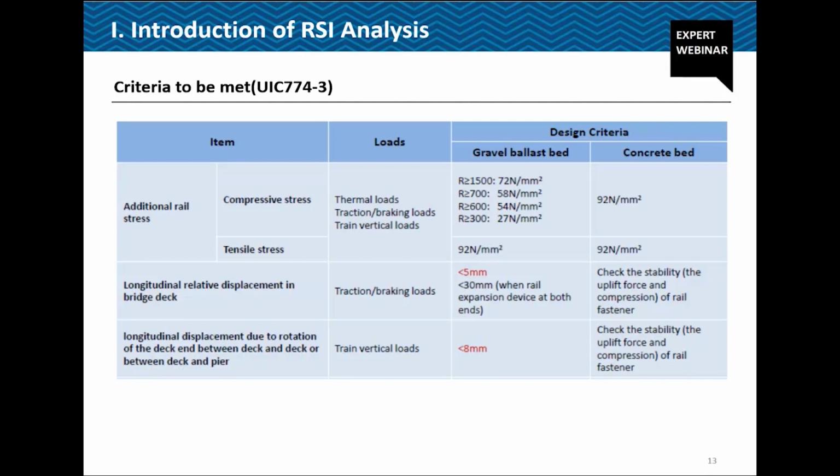Also, due to vertical loading, as I explained in the previous slide, due to the deck end rotation, if there is excessive displacement between two decks, more than 8 mm, there will also be some damage in the track. And so these three items are the major items we need to check during the RSI analysis.